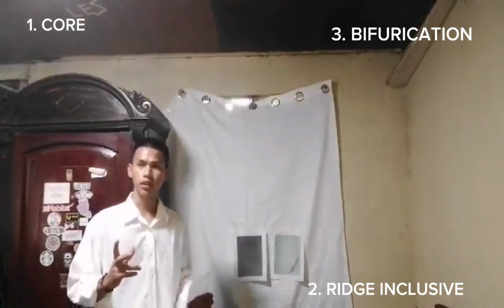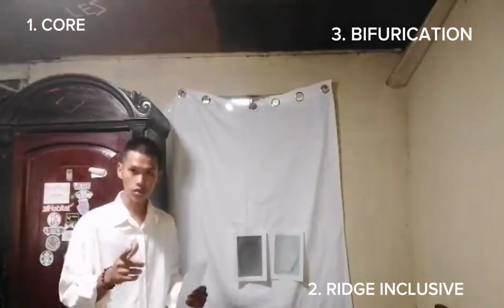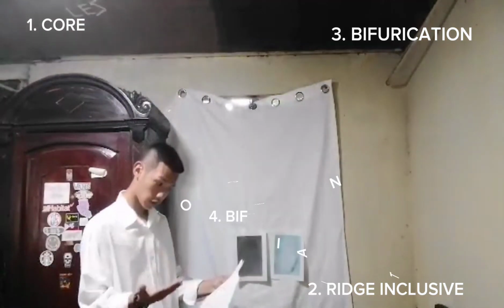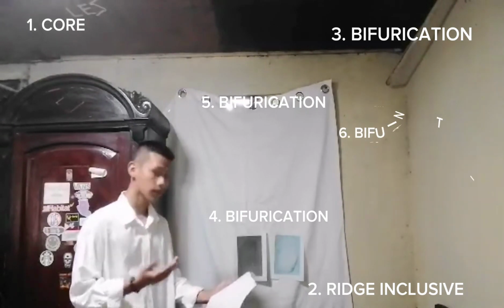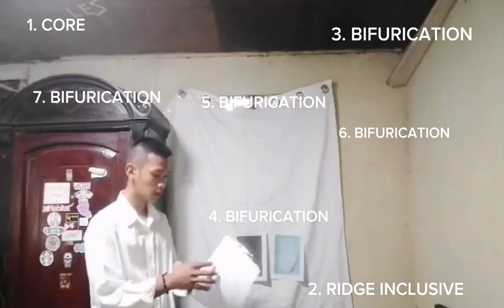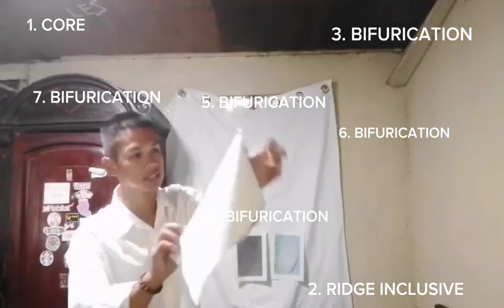Bifurcation is when a single ridge splits into two ridges. And next, number 4, bifurcation. Number 5, bifurcation also. Number 6, bifurcation. Number 7, bifurcation. Here are the 16 similarities.